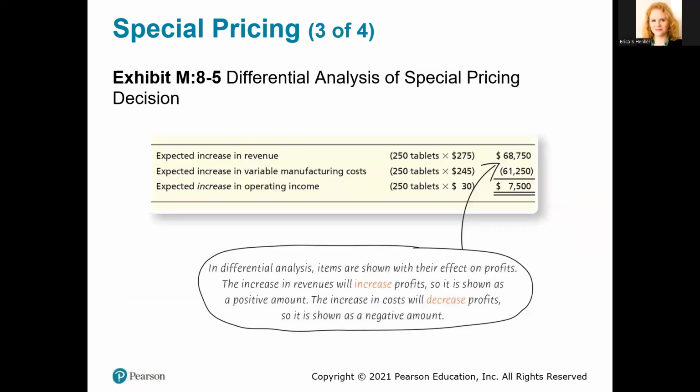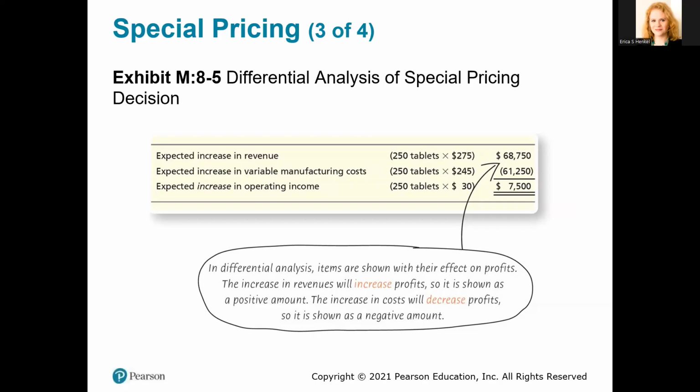Okay. Now, if you remember, we talked about incremental revenues and incremental costs associated with different scenarios, right? So they said, hey, how much more revenue will we achieve if we take a special pricing order here?